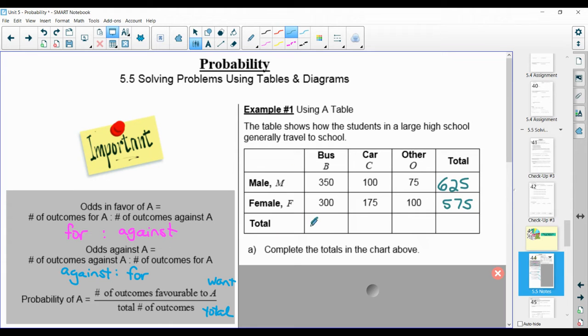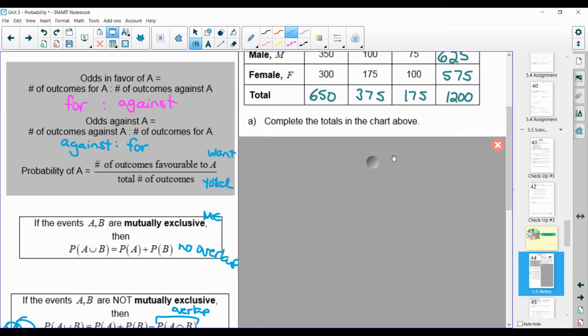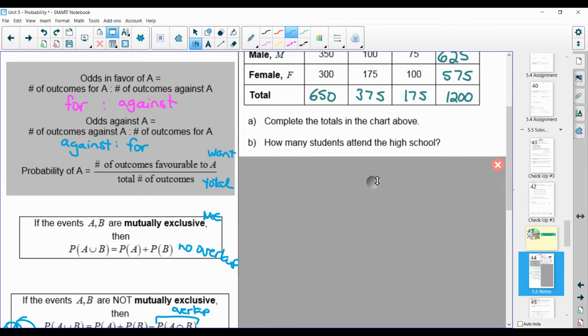The number of people taking a bus is 650. A car is 375. Other is 175. And the total number of people in the school is 1,200 students. So the first question asks, how many students attend the high school? Well, that's 1,200 students.